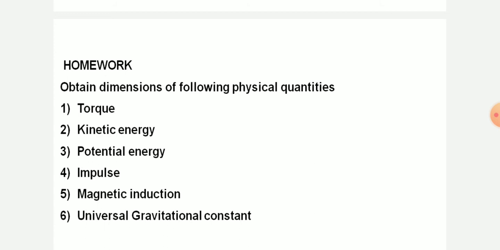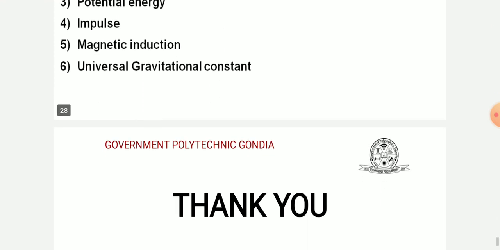These are given to you: the torque, the kinetic energy, potential energy, impulse, magnetic induction, and universal gravitational constant. If you know the formula of all these physical quantities, you can easily obtain the dimensions. Thank you.